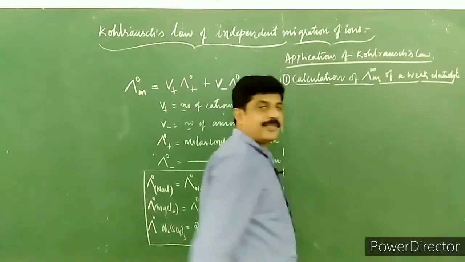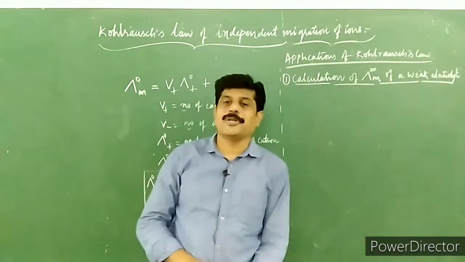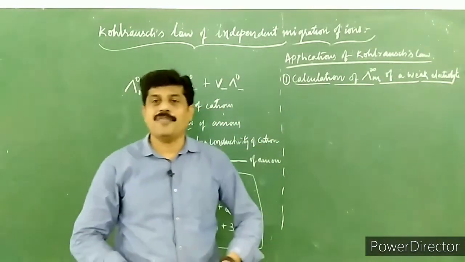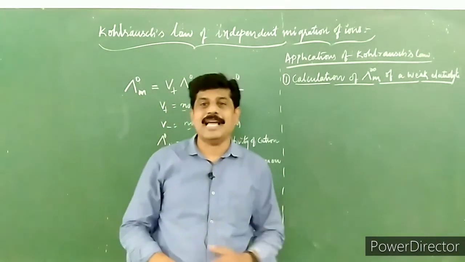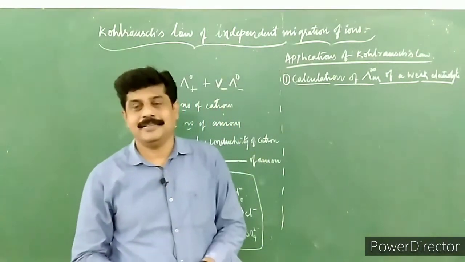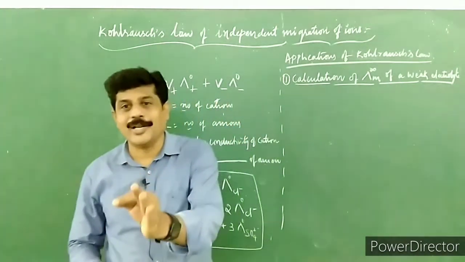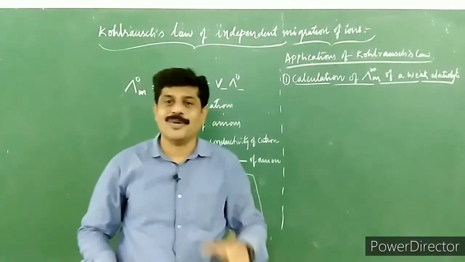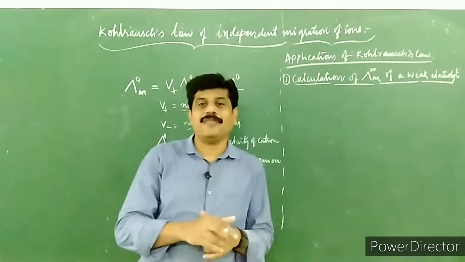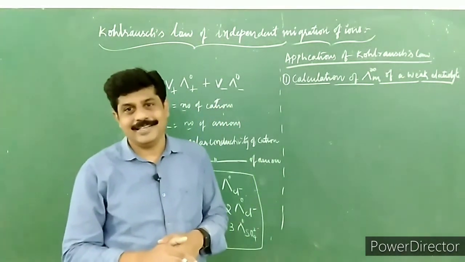Children, while discussing the variation of molar conductivity with dilution, I said the limiting molar conductivity of a strong electrolyte can be easily found out by extending the graph to zero concentration, is it not?